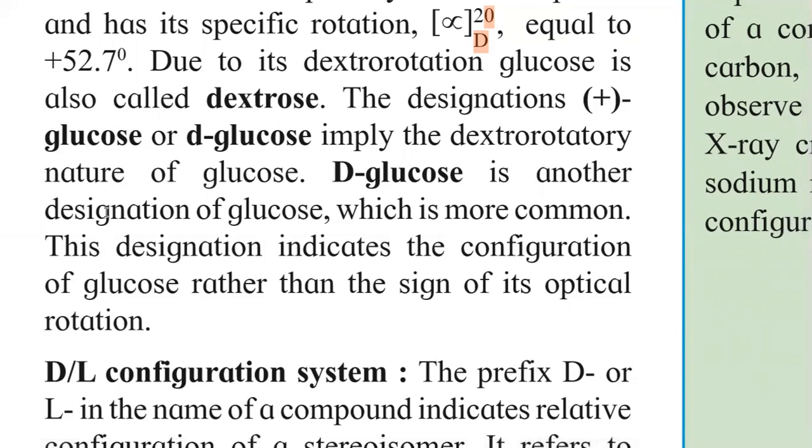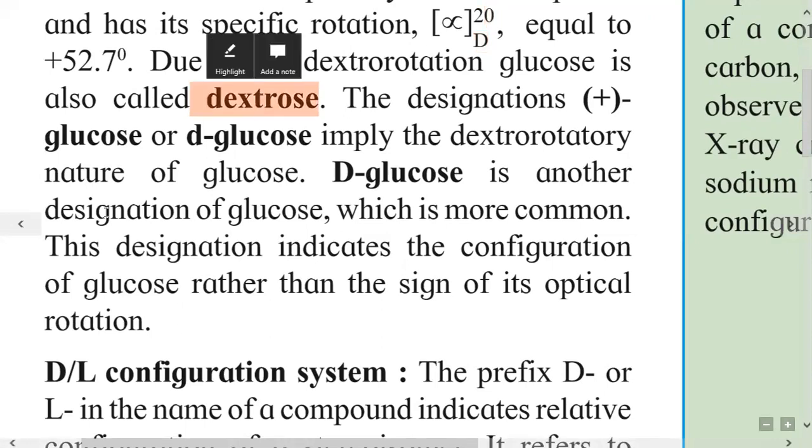This is the reason why glucose is called dextrose, because the glucose molecule shows dextro rotation. Dextro rotation means rotation in a clockwise manner, and therefore glucose is called dextrose.